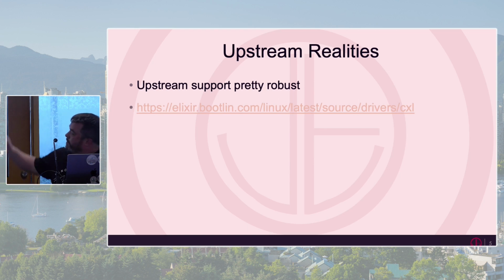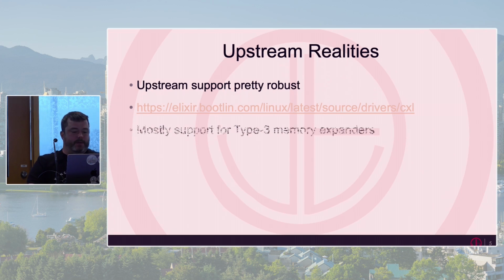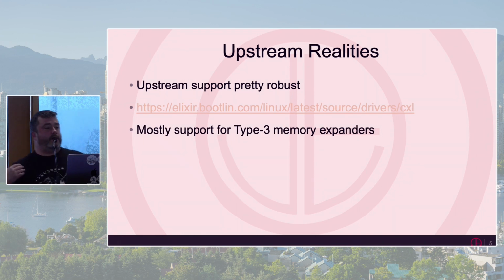And I did include a link. It's actually kind of hard to see on the screen, but if you grab the slides later, there's a whole CXL drivers thing upstream. Dan Williams at Intel is one of the maintainers, has done a really nice job of shepherding this along.